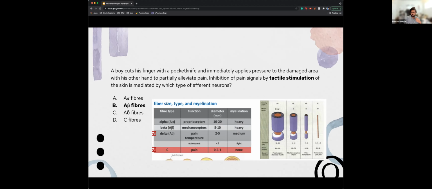So tactile stimulation will be your mechanoreceptors, which is why it's A beta and not A alpha. You might get tricked by the fact that it talks about some sort of injury, but make sure you look out for what they're talking about and what they're asking about.